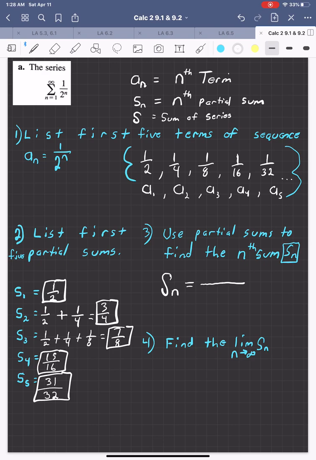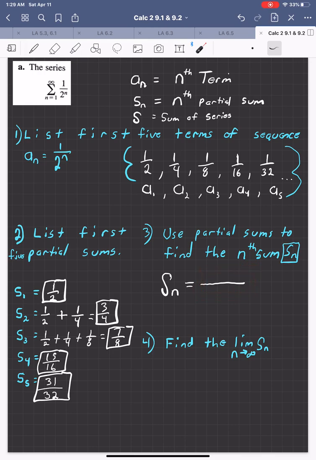All right, and now stay with me. This is not an easy chapter, and this is not easy material. So how do I get an nth partial sum? Well, you're going to have to be able to look at each partial sum and see if you can spot the pattern to be able to build the nth partial sum.